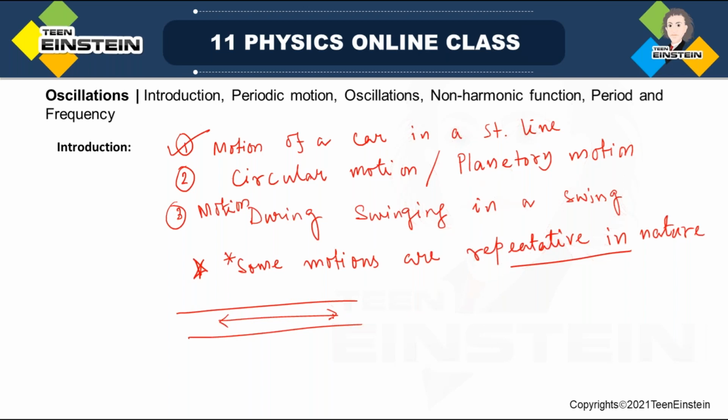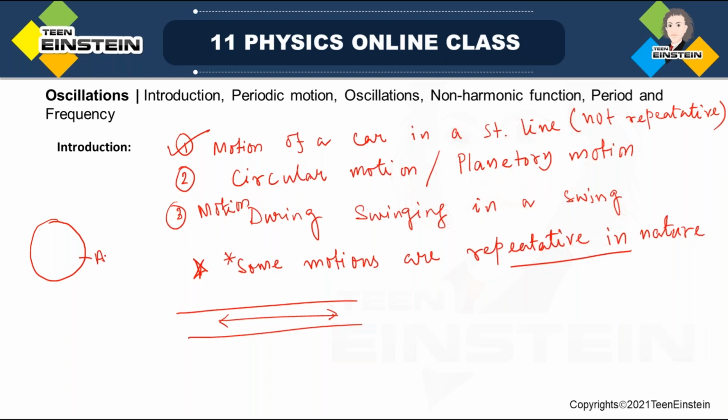So straight line or rectilinear motion is not repetitive motion.